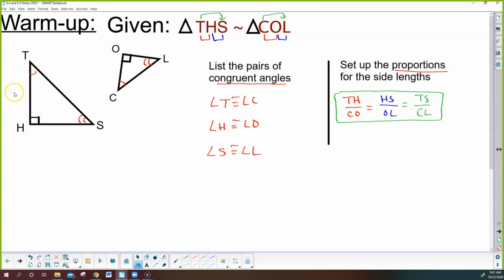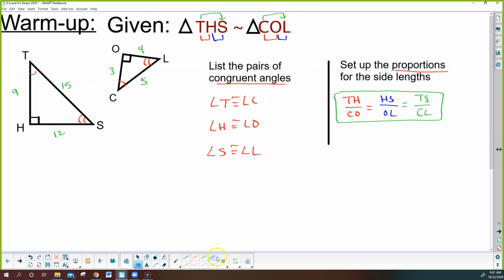Let's say this is 9, 12, 15. And this is the small side, TH is the small side, and this is not drawn to scale, but so TH to CO, I might call this 3, 4, 5.